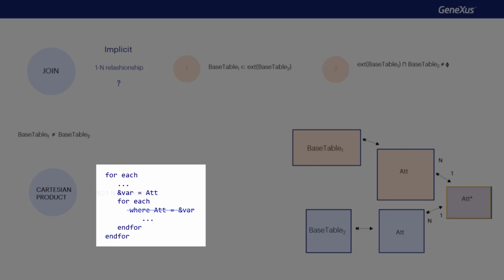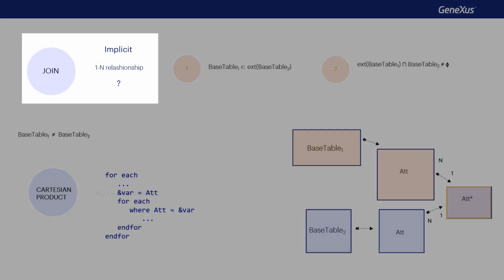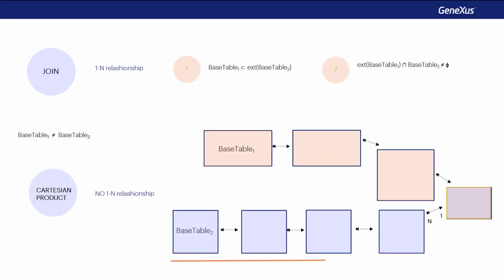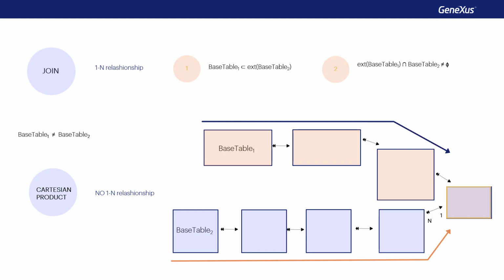And all the records of the nested one would be returned. Actually, in this case, not all the records in the nested one will be returned because we explicitly wrote a where, so it will actually do a join, but not the implicit join of Genexus. The more distant the relationship, the less likely it will be that the developer has it in mind, or is trying to enforce it implicitly.